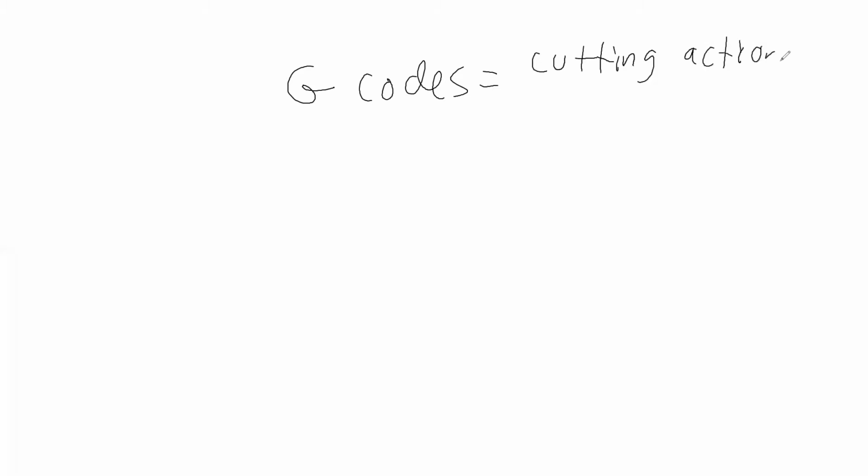Okay, so I spoke about M codes, and now about our G codes, which are going to be our cutting action and movements. One very important thing to know about G codes is that they are mostly modal.